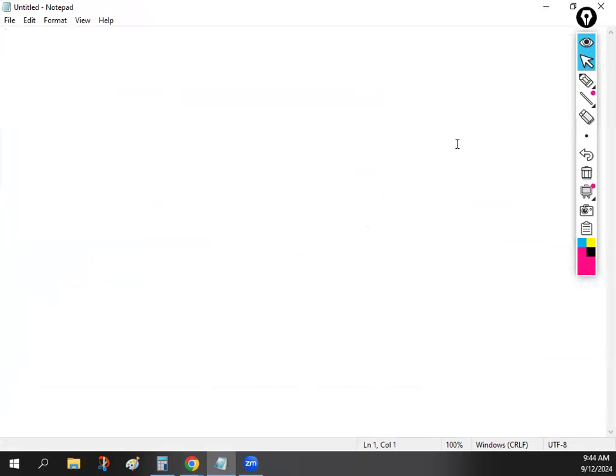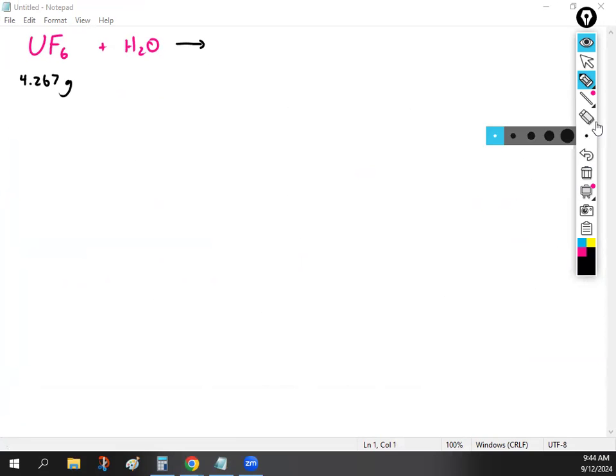All right, so if you take a look at UF6, let's start by looking at the total mass of UF6. You start with 4.267 grams, and this is the total mass of UF6. Like we just said, all of the fluorine inside of the system comes from UF6. So if you want to find out how much fluorine there is in total, we can just break this down.